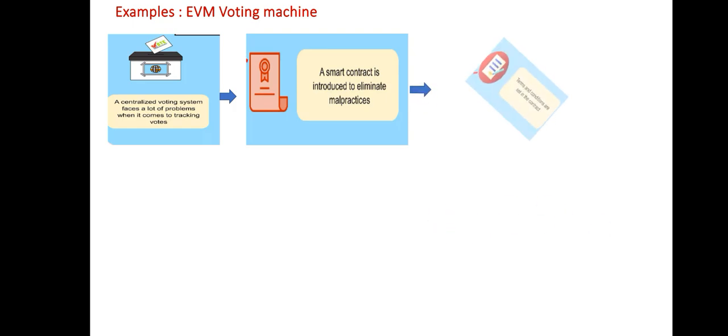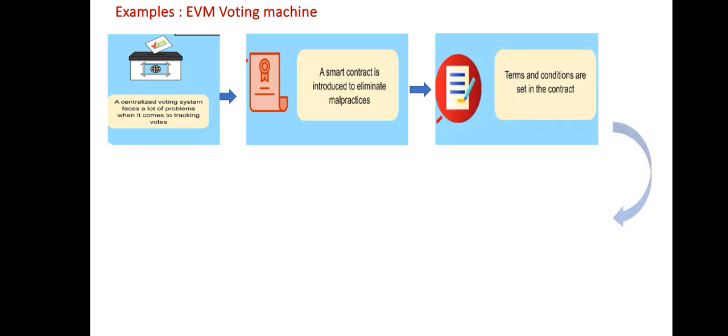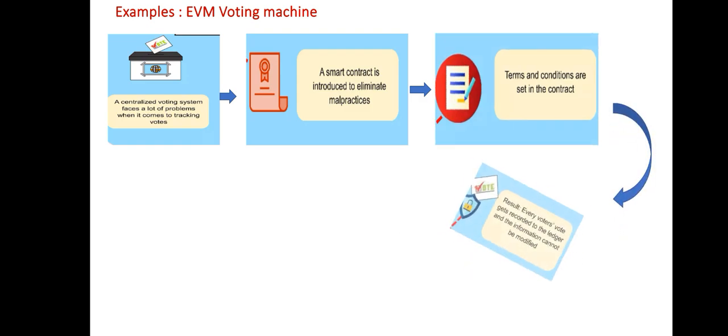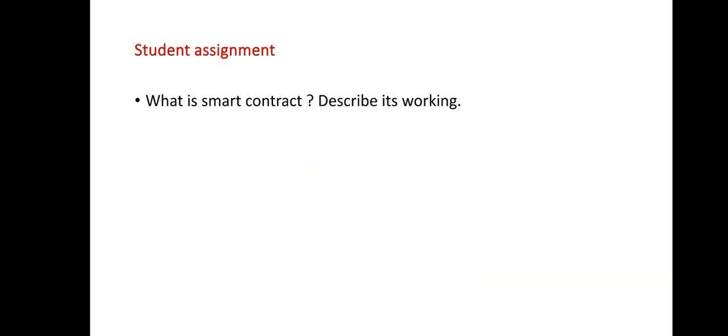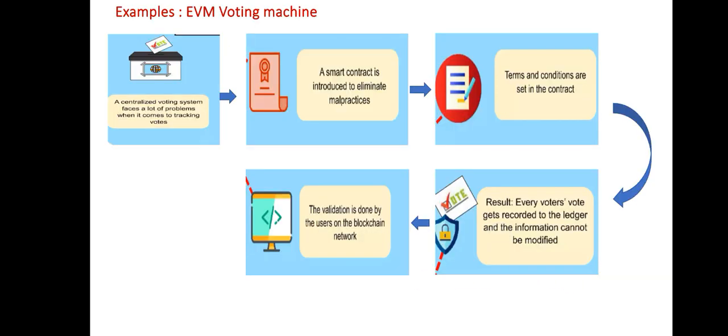See the process one by one. So this is actually an example of the voting process, the best example of blockchain with smart contract. I think by that discussion you understand the basic concept of smart contract.